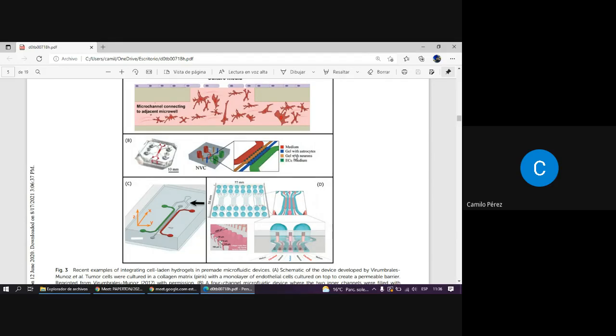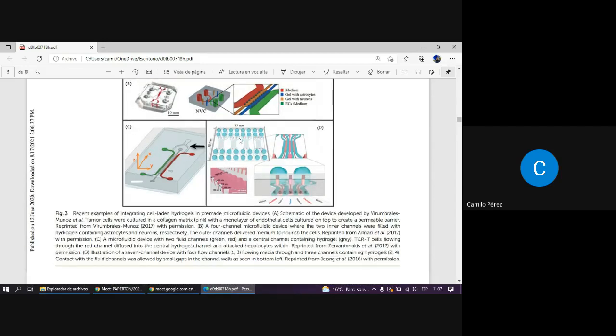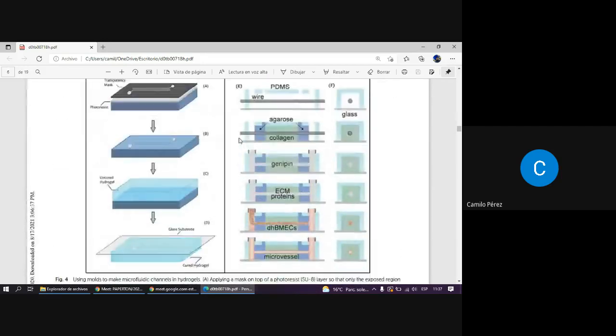In this case, two biomaterial compatibilities in one microdevice, and the two cell types, the behavior of cells. We need to look at it similar to in vivo, in vitro, right?